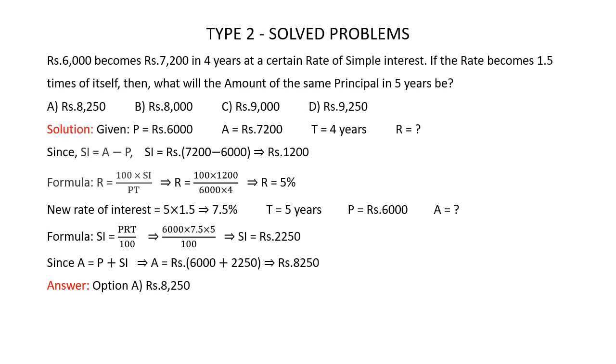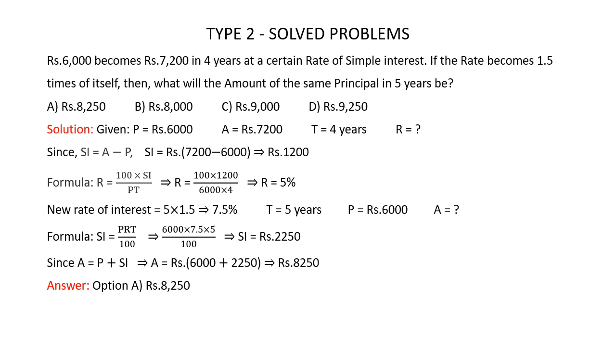So first let's calculate the old rate of interest using the formula R is equal to 100 multiplied by SI divided by PT. We know that SI is rupees 1,200, P is rupees 6,000 and T is 4 years.